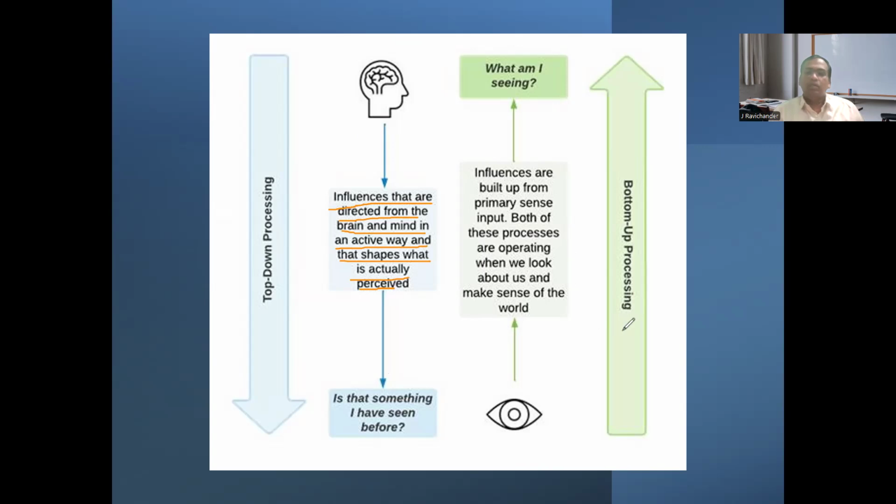Then coming to bottom-up processing, influences are built from primary sensory input, like what you hear or what you see. Both of these processes are operating when we look about us and make sense of the world. Based on what I am seeing, your bottom-up processing will work.